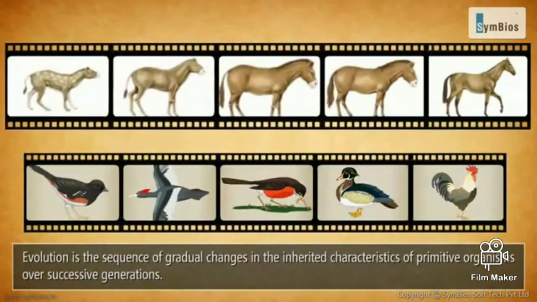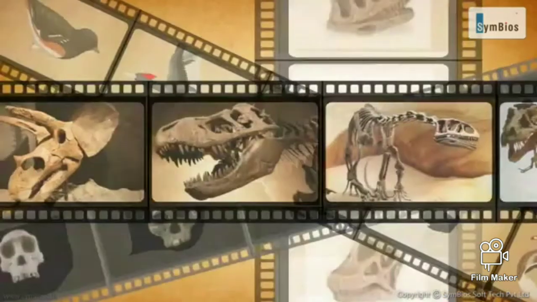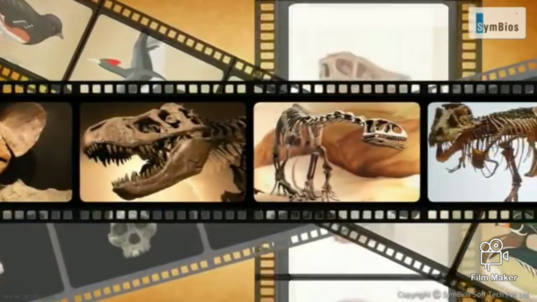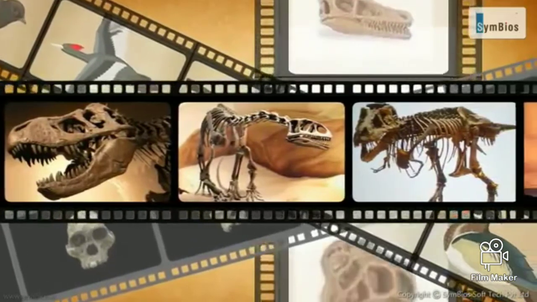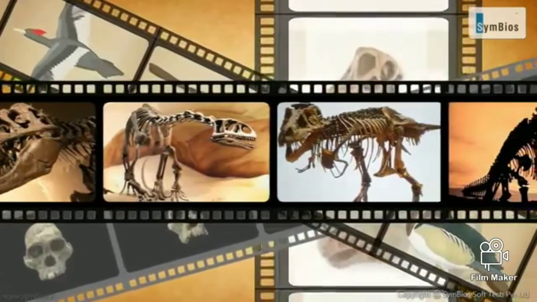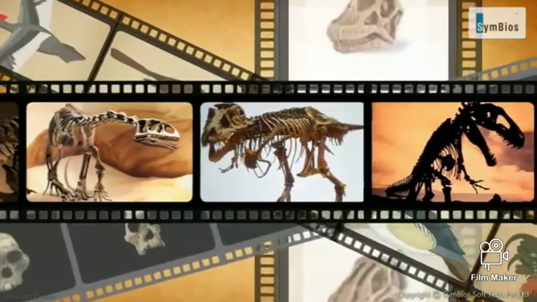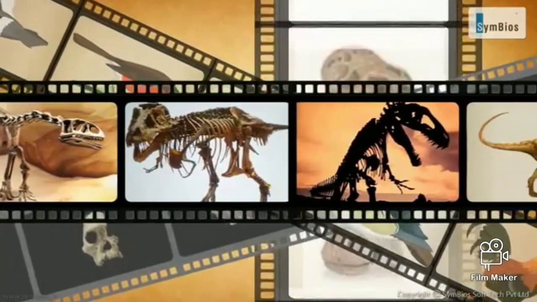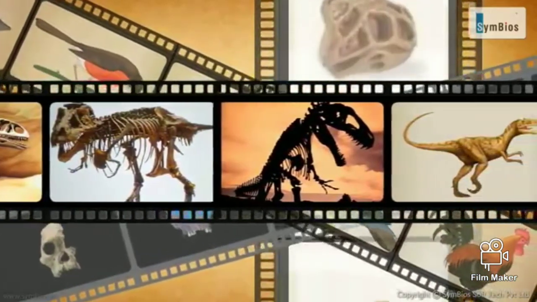Evolution is the sequence of gradual changes in the inherited characteristics of primitive organisms over successive generations. This process gives rise to diversity at every level of biological organization, including species and individual organisms.